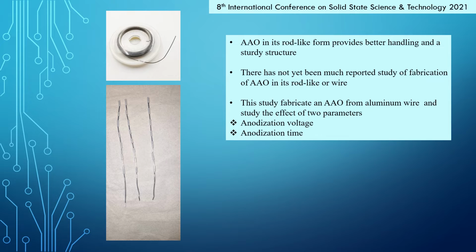However, to the best of our knowledge, there has not been much reported study on the fabrication of AAO in its rod-like or wire form. In this context, the main objective of this study was to fabricate AAO from aluminum wire and study the effect of two parameters, which are the anodization voltage and anodization time, on the development of the nanopore structure of the AAO wire.